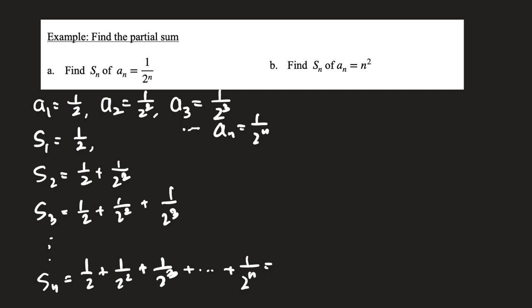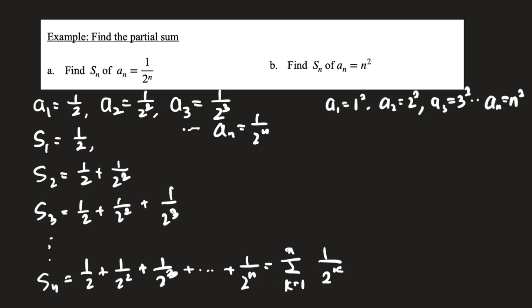Let's write the sigma notation: the sum of 1 over 2 to the k. This time I'm using the index k, guys. The k starts at 1 and ends at n. That's the notation of the partial sum. We find the partial sum. Don't simplify, just write each partial sum. Okay, let's do the second one. A1 is 1 squared, A2 is 2 squared, A3 is 3 squared, An is n squared.